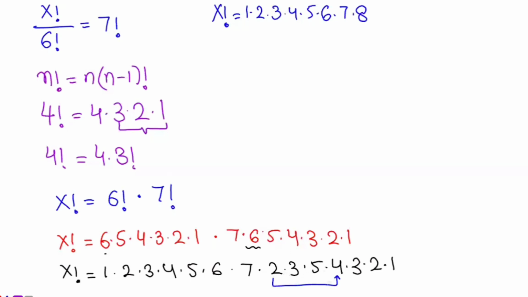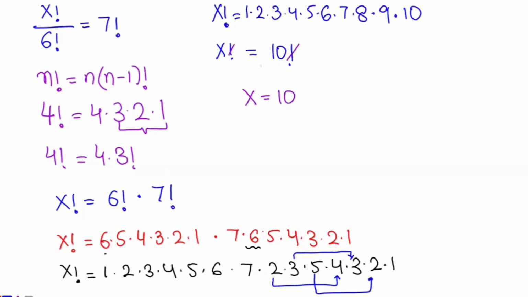And then I want to write 3, so I will multiply 3 with this 3, so times 9. Then 5, 2 times, so then I will get 10. So if you can see here, this is our 10 factorial, where this factorial and this factorial get cancelled, x is equal to 10. So this is our final answer.